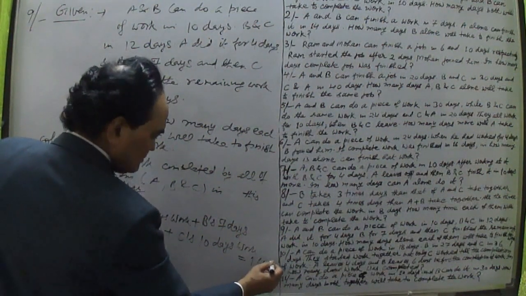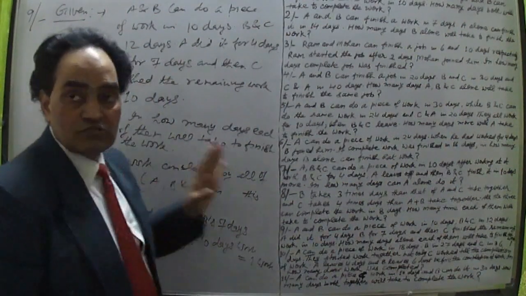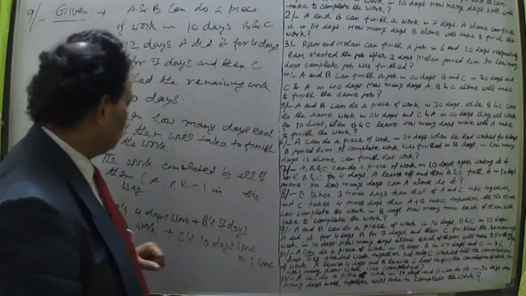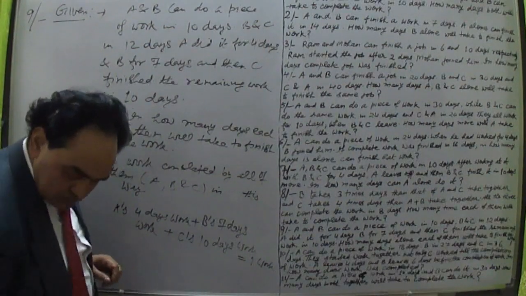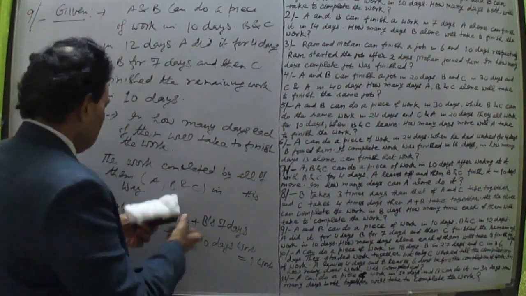That means one work is completed by all three in this way. But this process is given to us in this way.